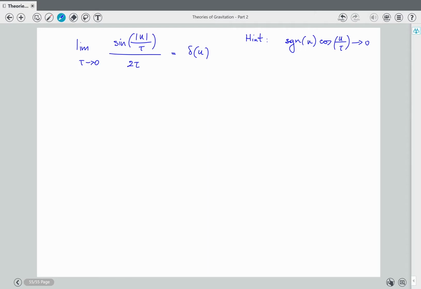Sine of u times the cosine of u over tau tends to 0 by the Riemann-Lebesgue theorem, which you might remember. And then take the derivative of that, and you get this.